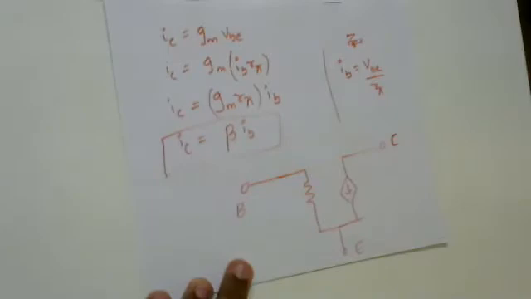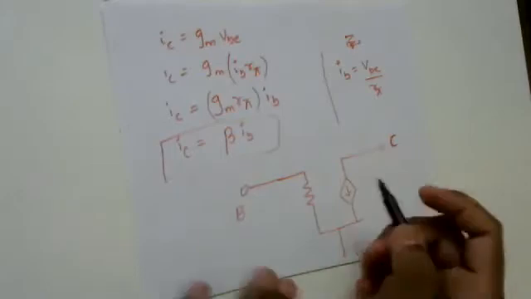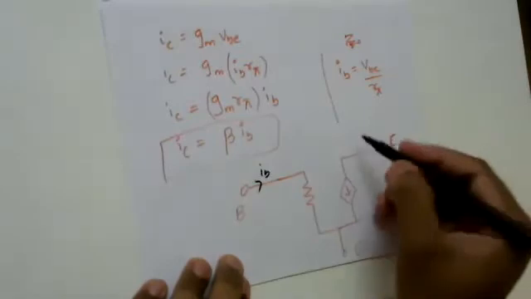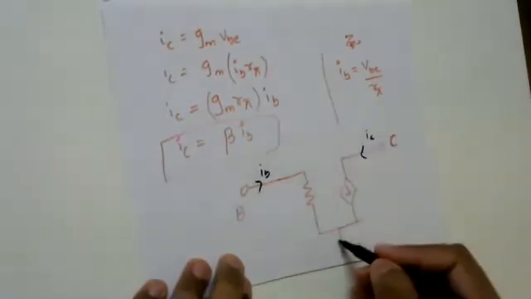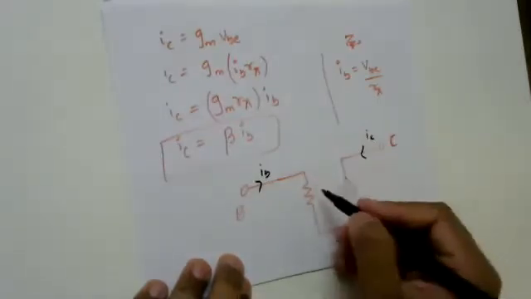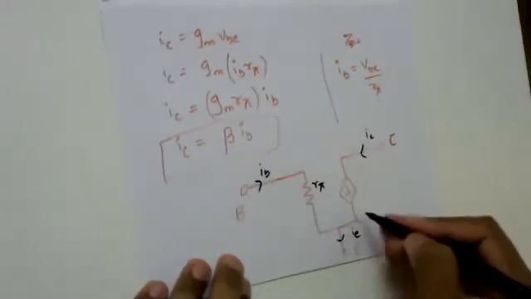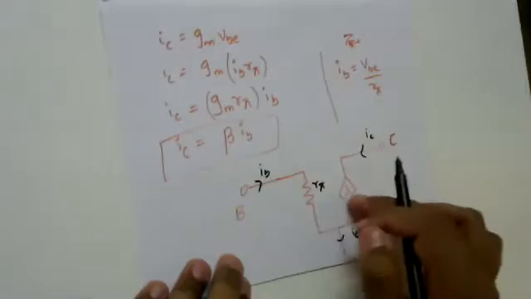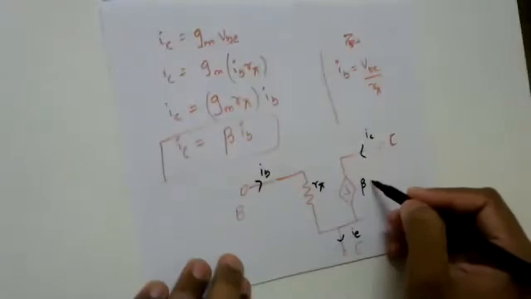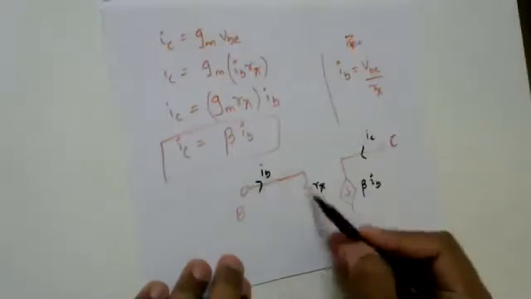Here is my base current IB, my collector current IC, my emitter current IE. Again, this is my r pi. Now, this current is not dependent on the transconductance. Instead, this is beta times IB, where this IB is this current.